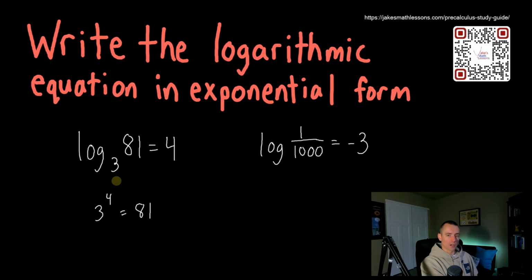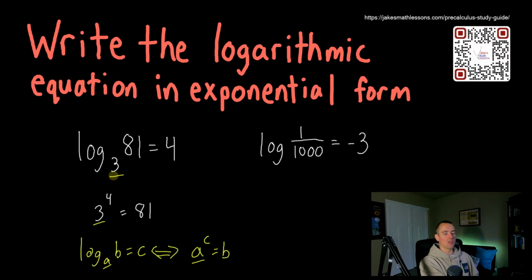If you're ever trying to convert between logs and exponentials, the general form you can use for any of these problems is: log base A of B equals C tells you that if you take the base of your log and make that the base of your exponent, so in this case we had base 3 and we made it an exponent with base 3, then you switch the B and the C. So you raise A to the C power, and that equals B. So we took the base of the log, made it the base of the exponent, and then switched the other two components.